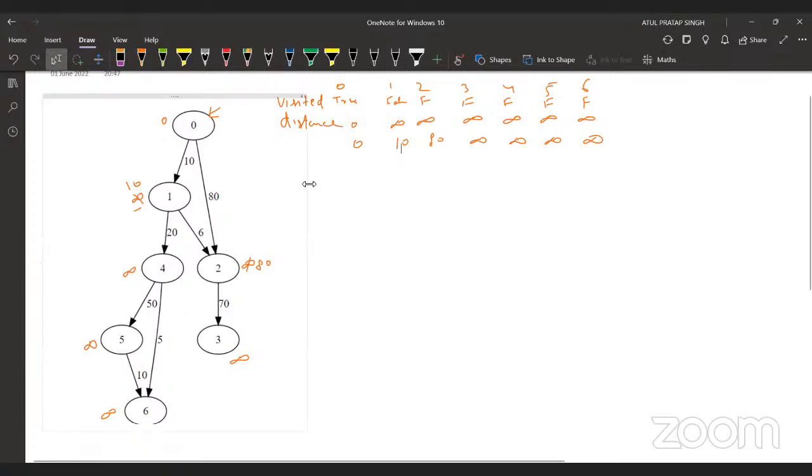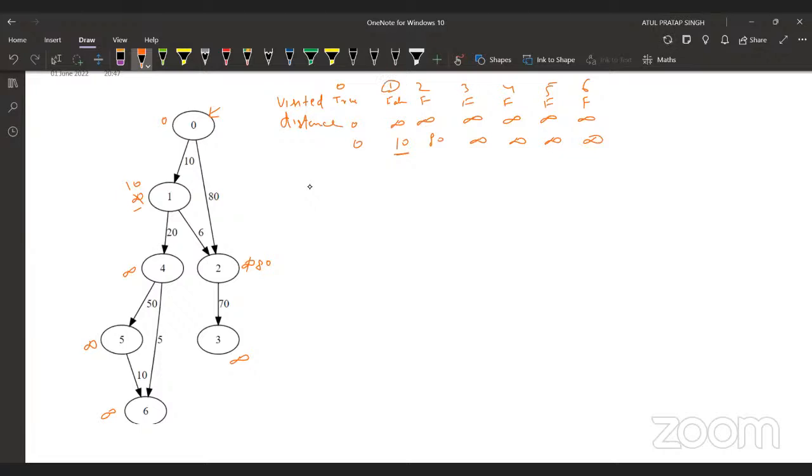Now we will check which vertex contains the minimum distance value among those not visited. The not visited vertices are 1, 2, 3, 4, 5, 6, and the minimum distance value is 10, and this is vertex 1.